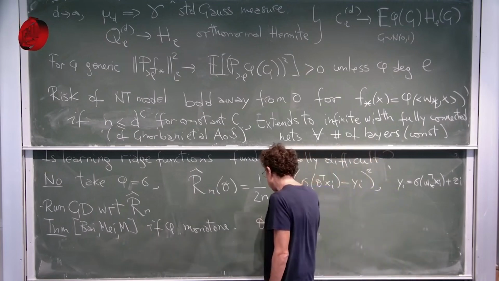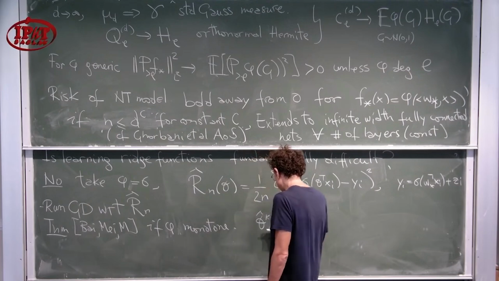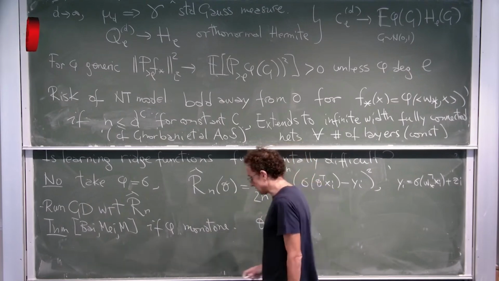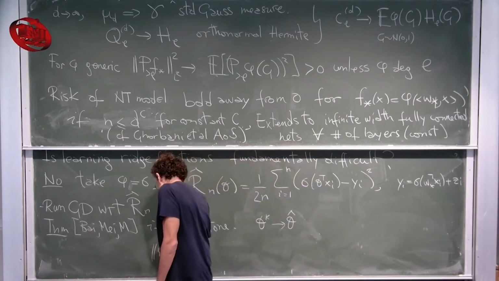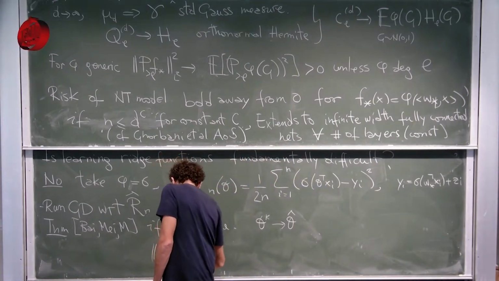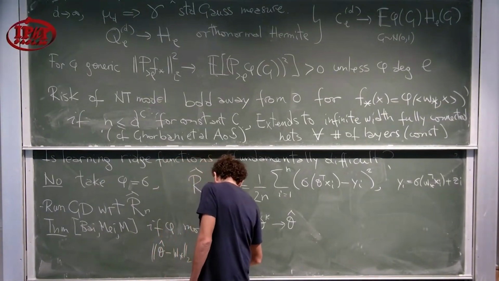Then theta_k, the iteration of SGD, converges to some theta hat, and this is good. And the distance between theta hat and W star is bounded by a noise term, B log n.